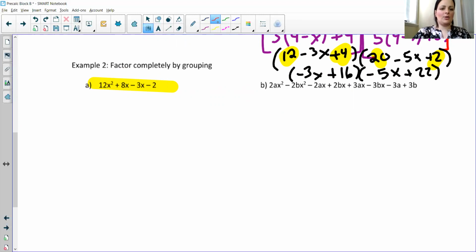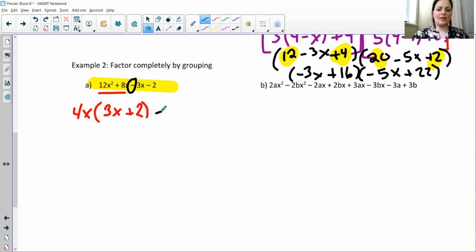Okay. So here we're going to do factor by grouping. We're going to group those first two together. The greatest common factor of 12x squared and 8x is going to be 4x. And that's going to leave us with 3x plus 2. And then we're going to use the sign here. There's nothing common between negative 3x and negative 2, so it's just going to be 1, because if there's no larger number, the default is 1.